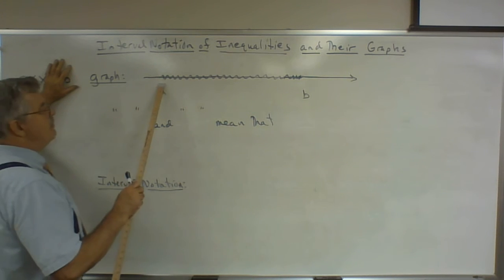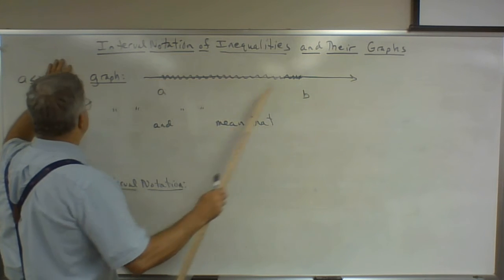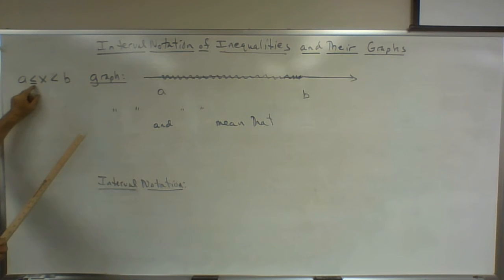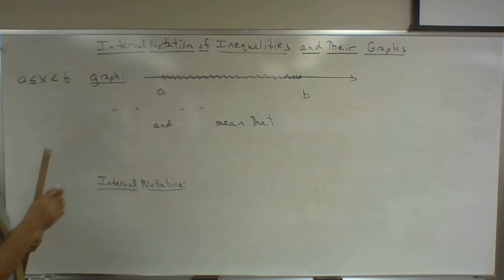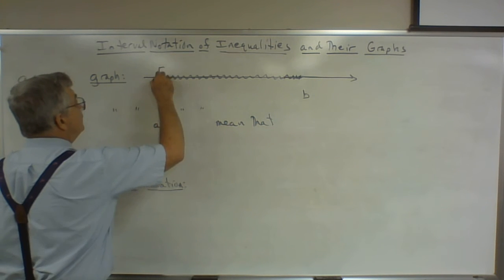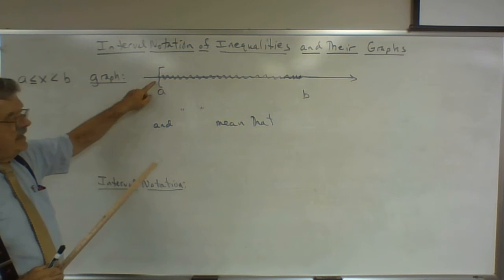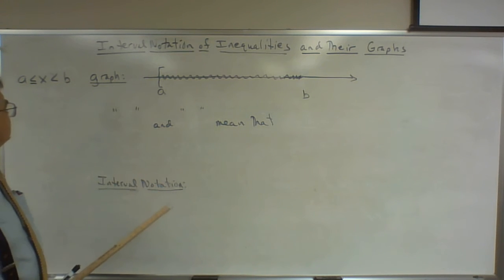So we shade in that part of the number line to the right of a because x is greater than a. And note, x can also be equal to a. So I put a square brace here showing that a is part of the solution set.